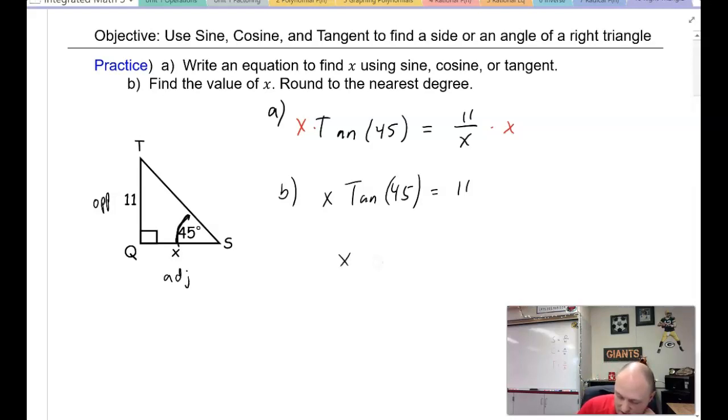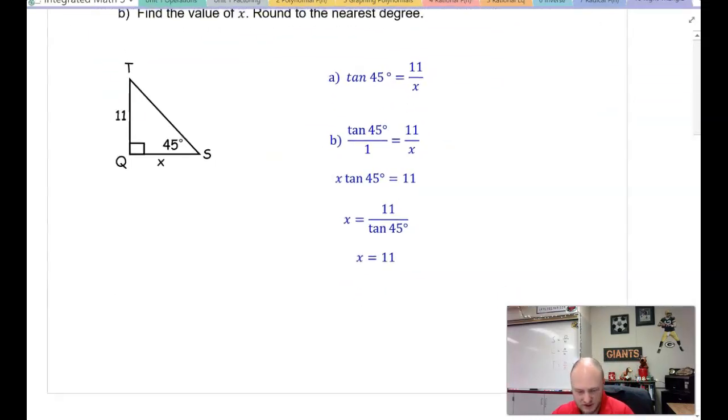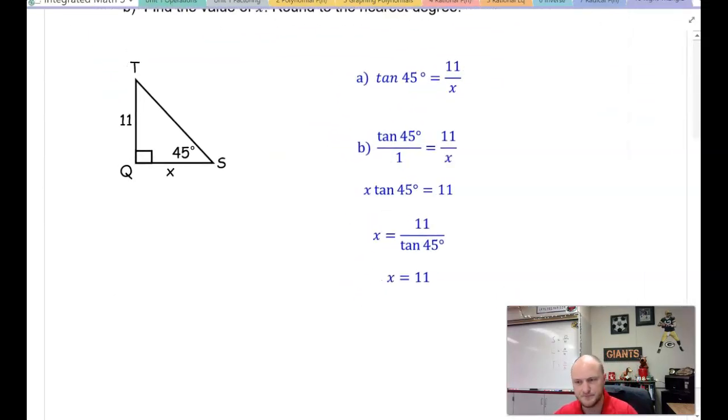So x is equal to 11 over tan of 45, which is 11.